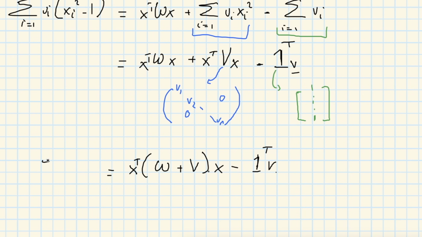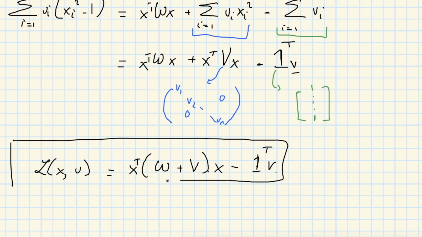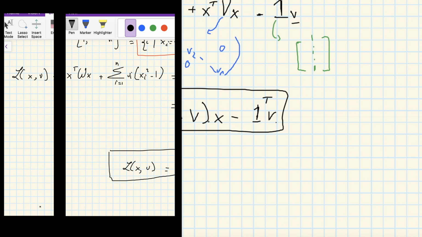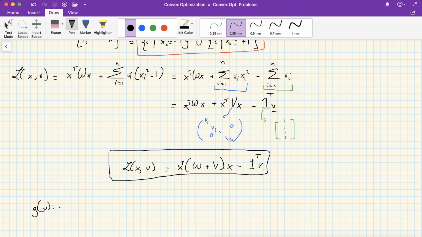So if this is my Lagrangian function, I would like to find the infimum over x. So g of nu is the infimum over x of the function L(x, nu). Got two nice cases.